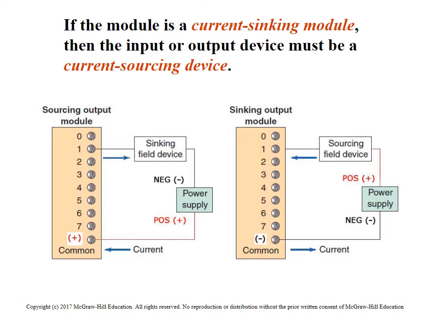And the same thing with the output. If you've got a sourcing module, that means you have positive being fed to the common, and you have positive coming out of each one of these. When you close that contact, you've got positive power here. When you supply negative voltage here, when that output turns on, it supplies a negative voltage here.